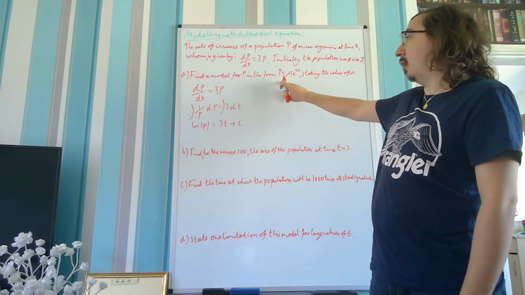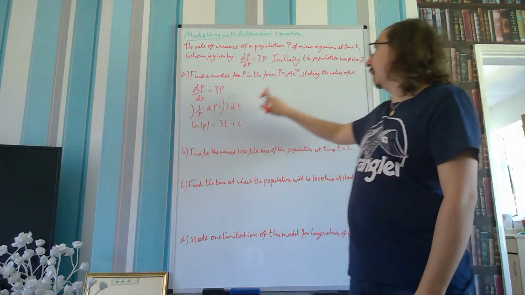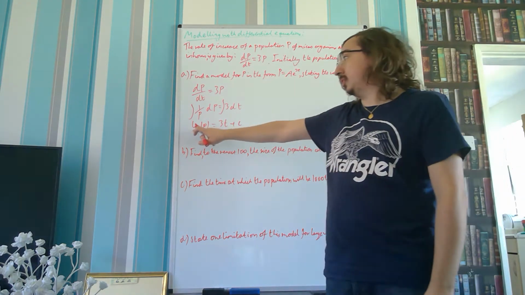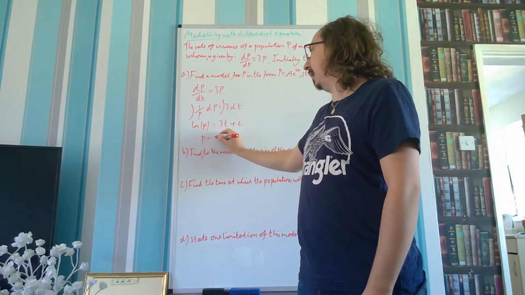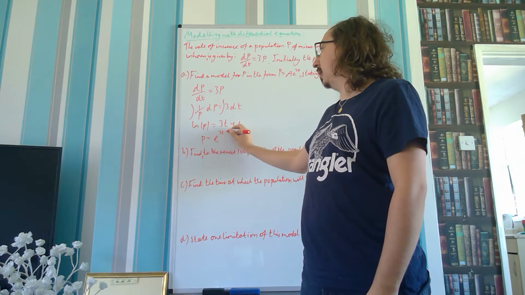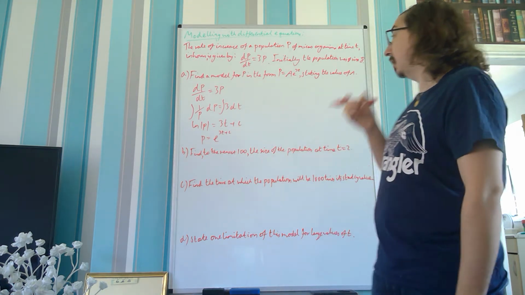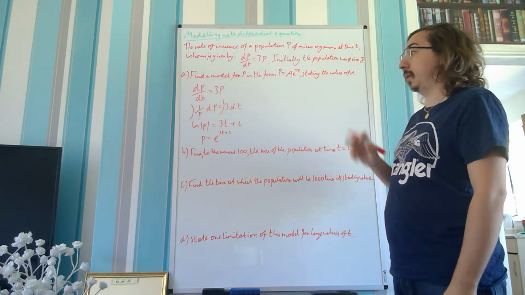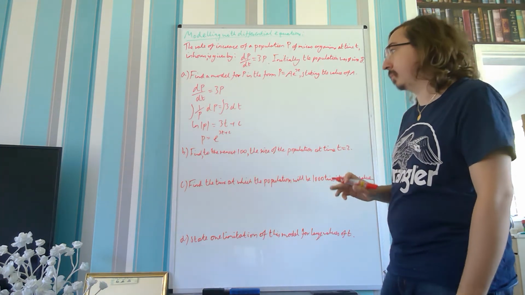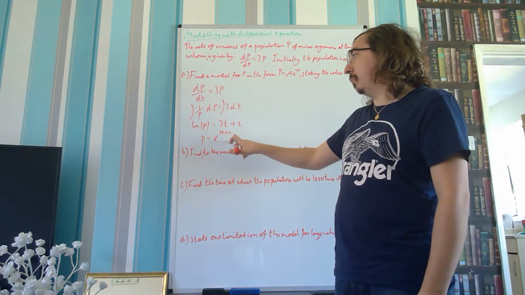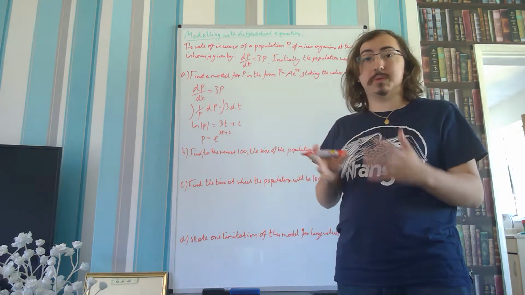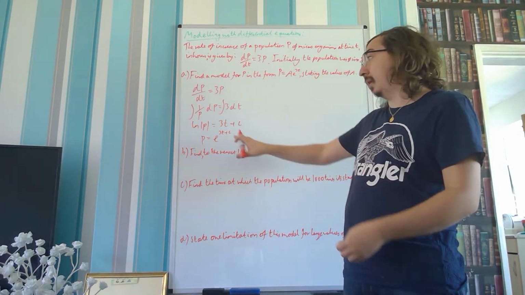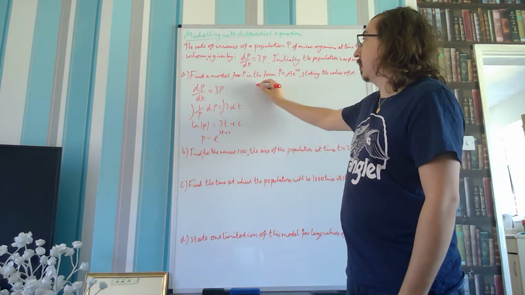Well, for this form, we don't want the natural logarithm of P, we want P. So we can take the exponentials of both sides and say that P = e^(3t + c). And we're starting to form the expression that they're looking for. If you remember one of our rules with exponentials, if you have two exponentials that multiply together, you can combine them and add the powers.